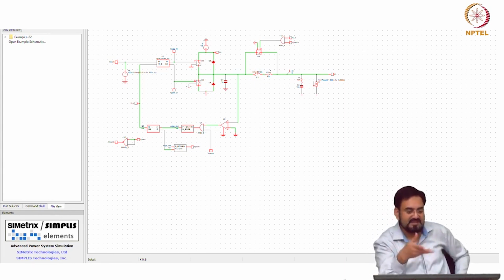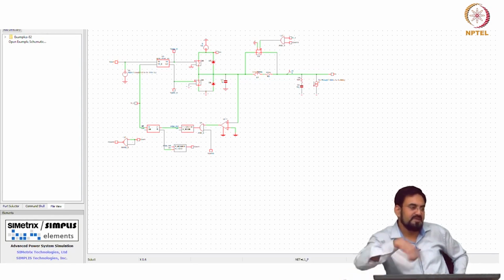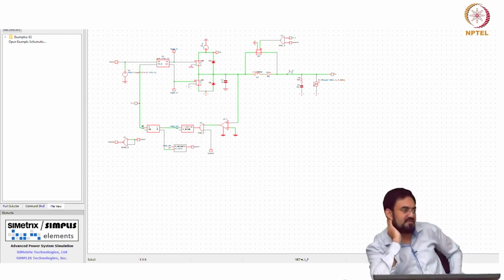So, for RF applications and all those, it is very bad. Even though it will not appear at the output, because it is a very high frequency ringing and this LC will completely filter that out, you may not see that at the output. But at this node you have traces and all those which may behave like an antenna and radiate energy. So, that may cause EMI issues.